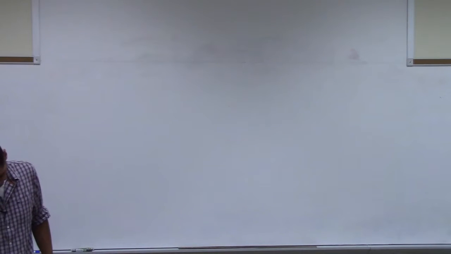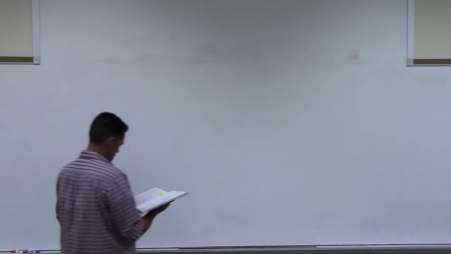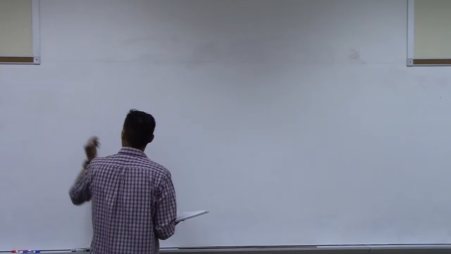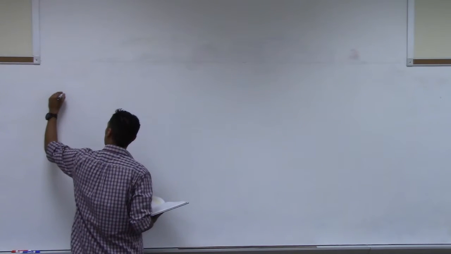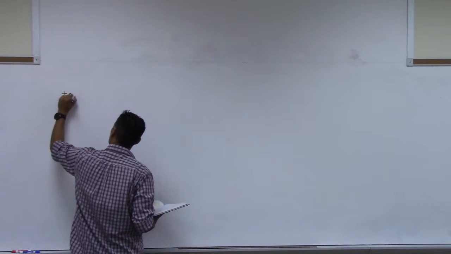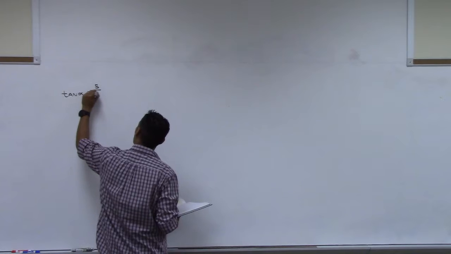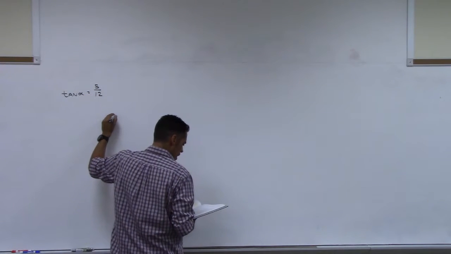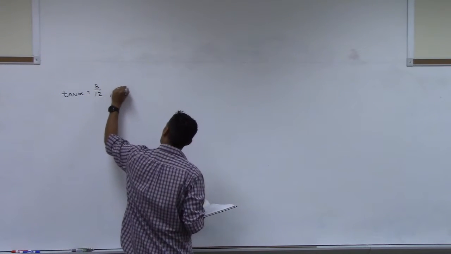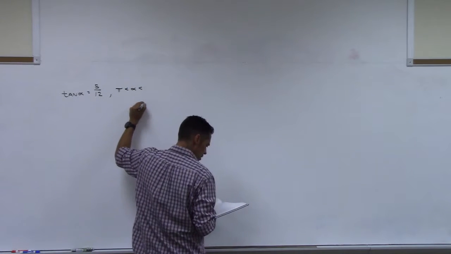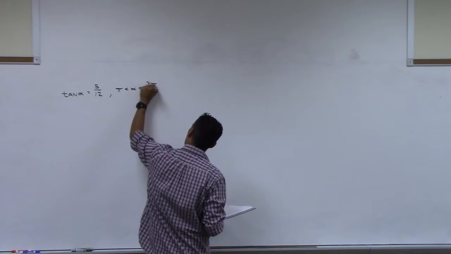All right, so for this one, this one could take a while. But you're asking me number 38, right? So they give you tangent of alpha is 5/12. They give you that pi is less than alpha is less than 3 pi over 2.